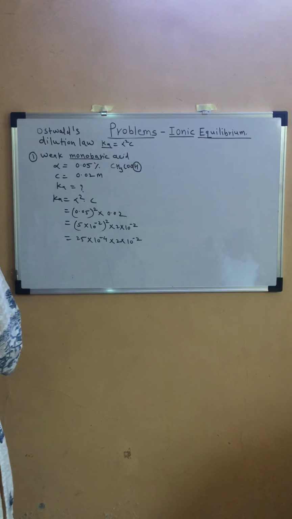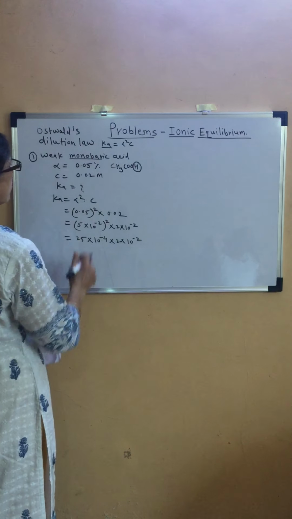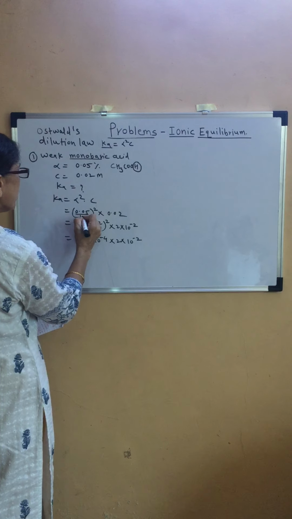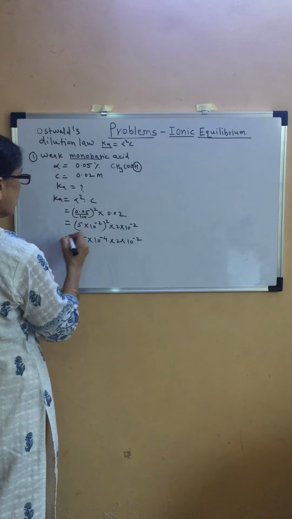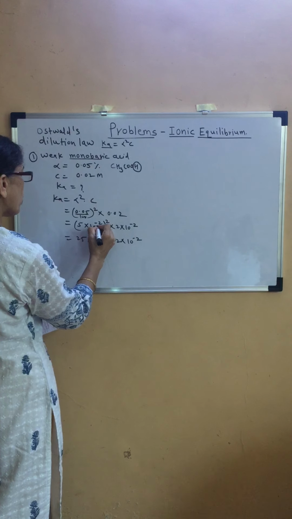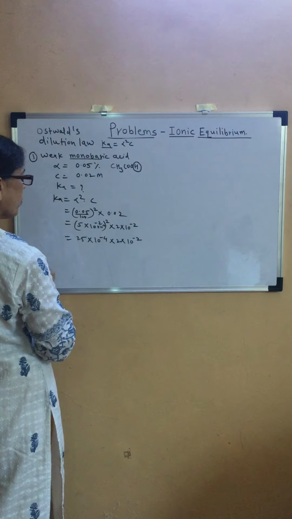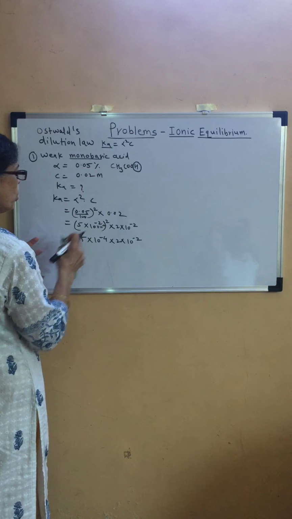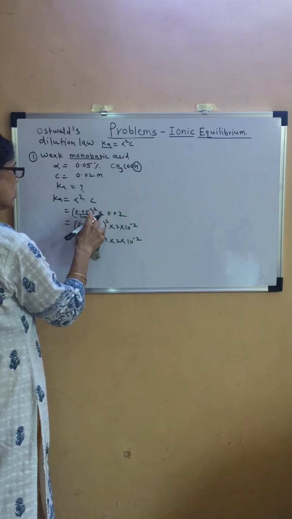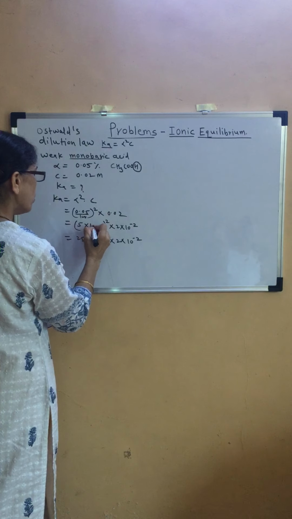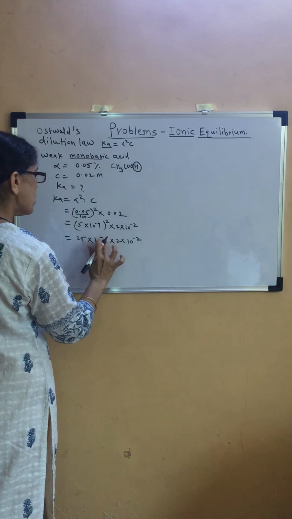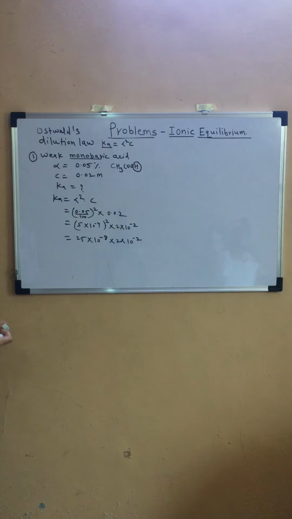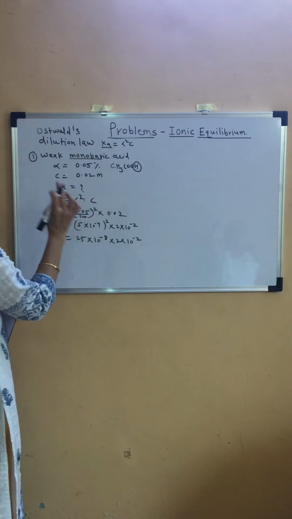Actually it is 0.05%, so we have to take 0.05 upon 100, isn't it? So one more 10 raised to minus 2 will come, and this will be 5 into 10 raised to minus 4, and this will be minus 8. 0.05% is 0.05 upon 100.